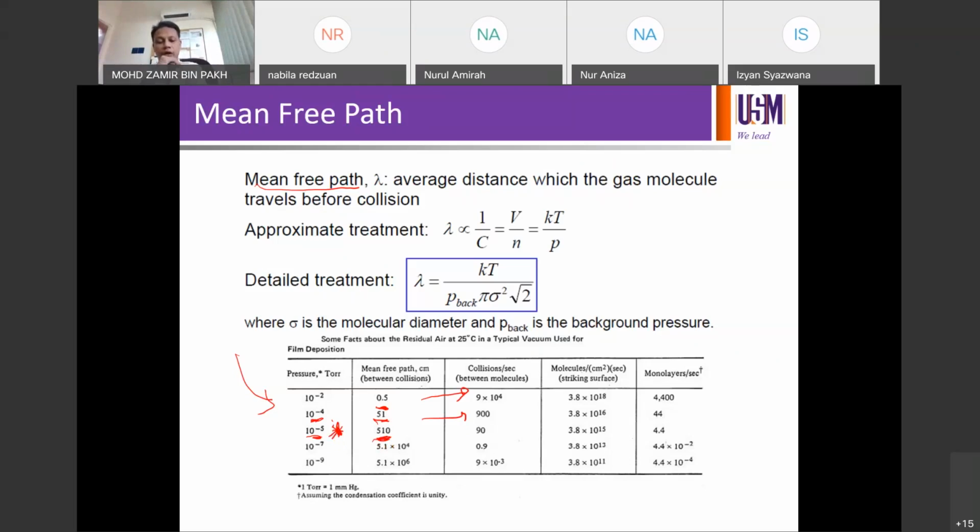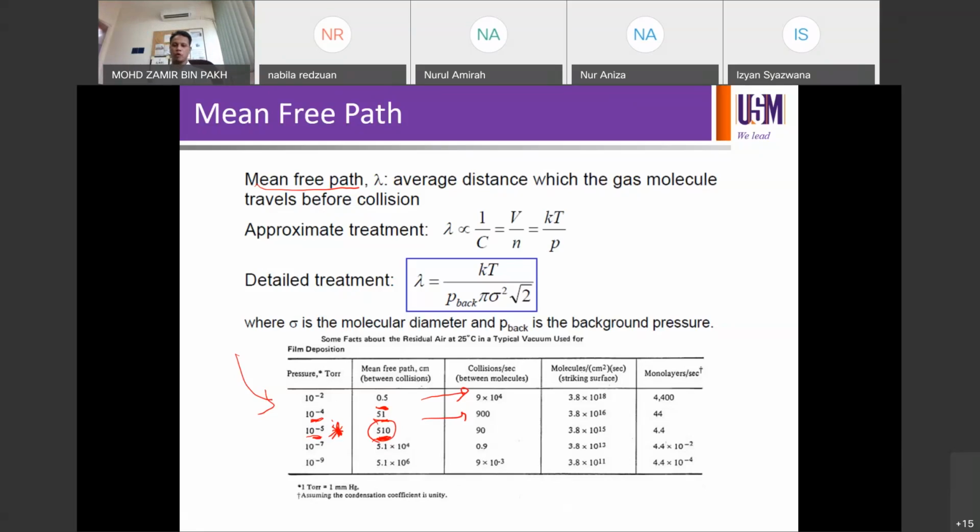So is this enough? Do you think this is enough for a deposition to take place? 510 cm. It's good, huh? Do you think it's enough or you need more? Okay, anyone? 510 cm.